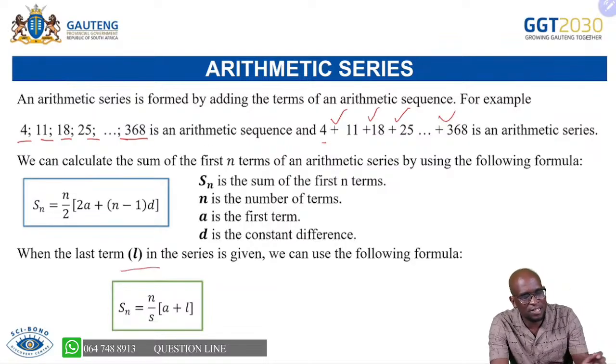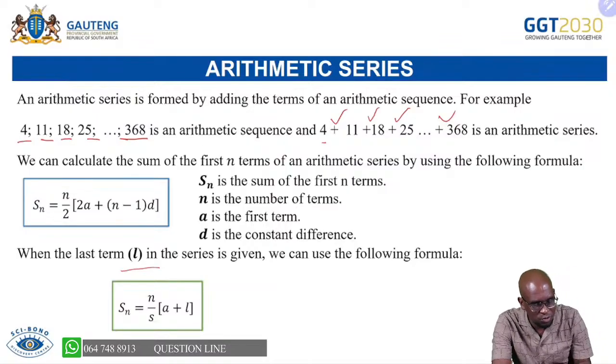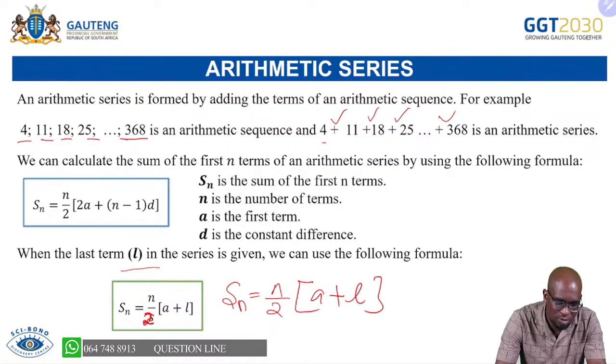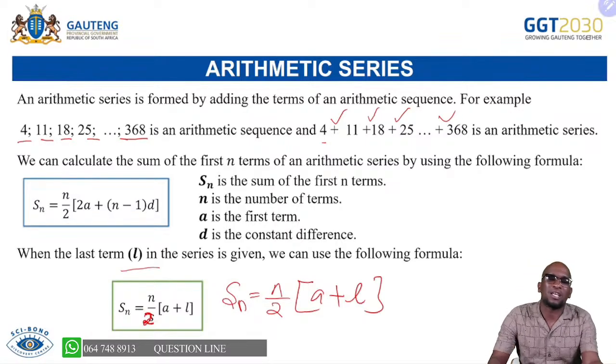However, if the last term of the series is known or given, then we can use a different formula. There's an error in my work here. It should be Sn is equal to n over 2 into a plus l. So that is what we are going to use in case we know or we are given the last term of the sequence, right?